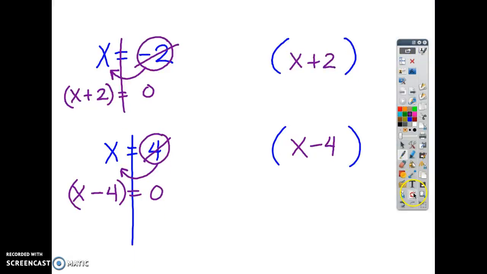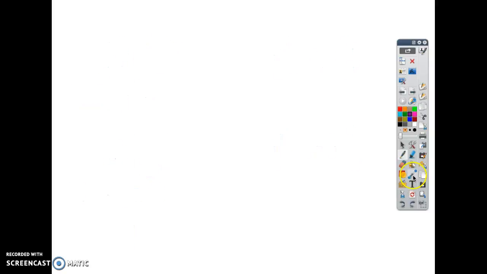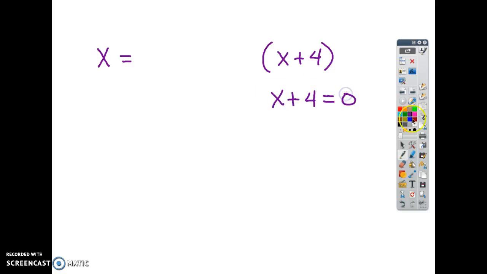It's like we're going backwards now. If you have the factor x plus 4, and you want it to look like x equals something, then you have to move it. x plus 4 equals 0. Move this over here. It becomes a -4.